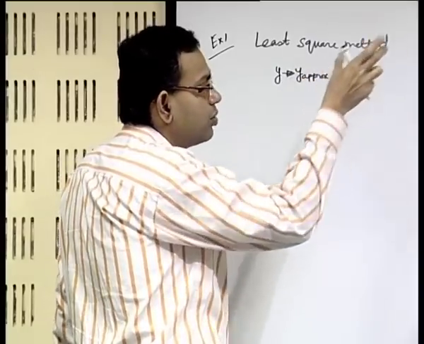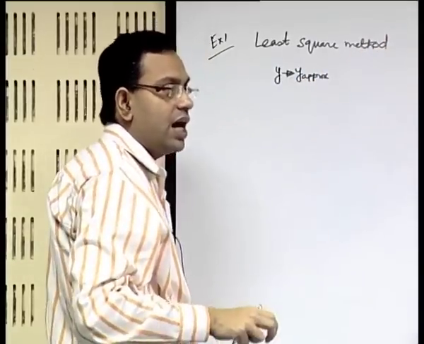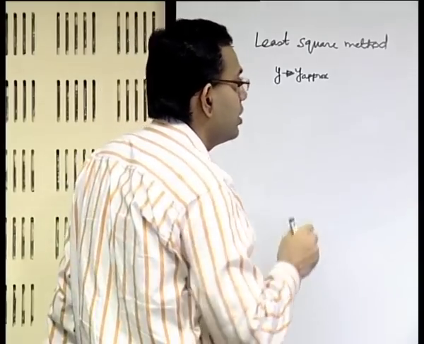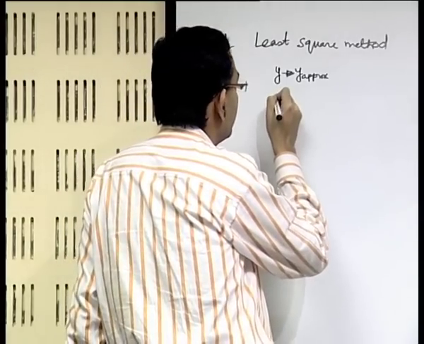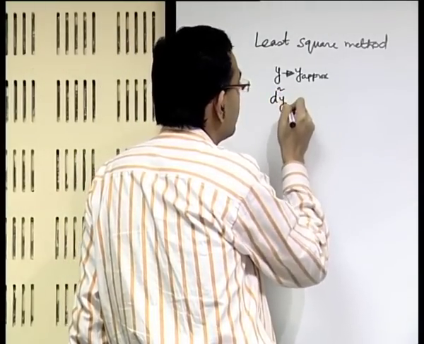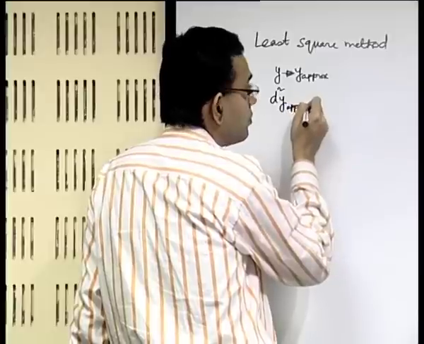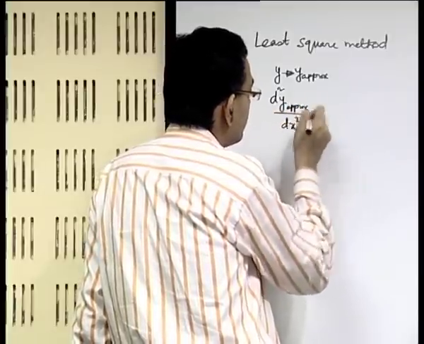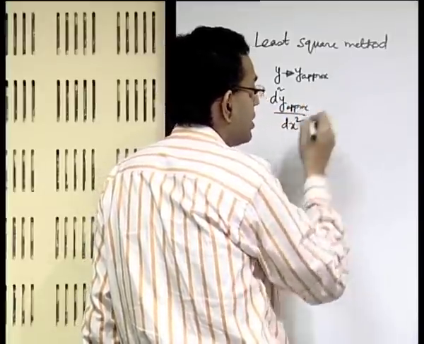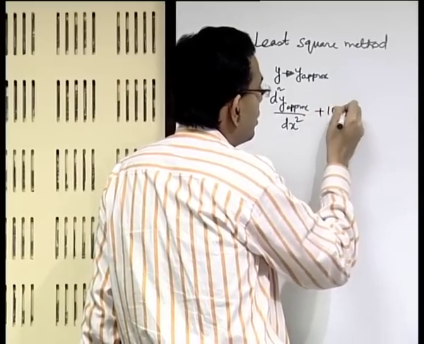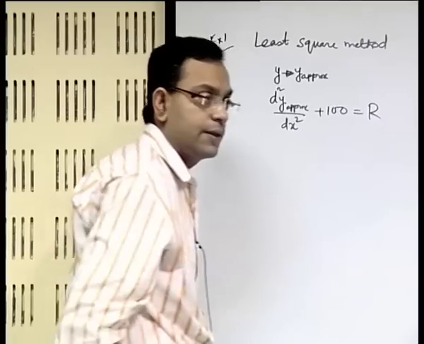Now, you substitute the trial function in the governing equation. So, you have this plus 100, this is equal to the residual R.